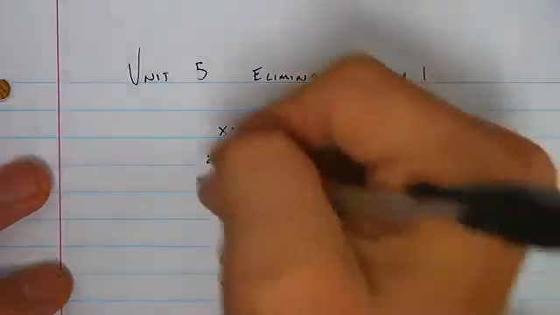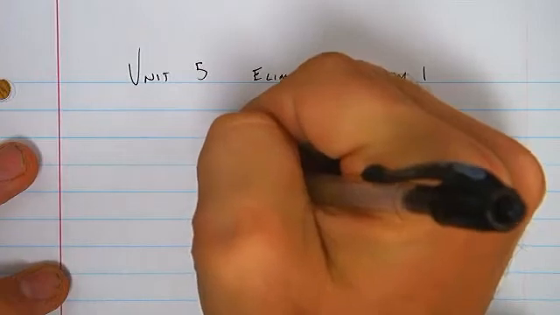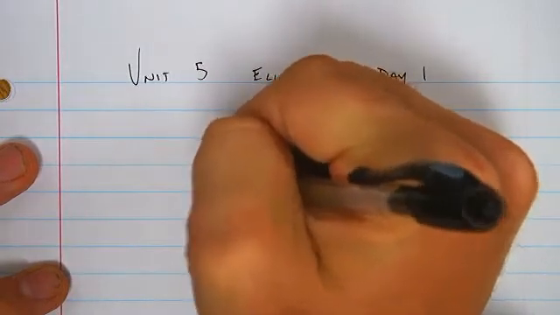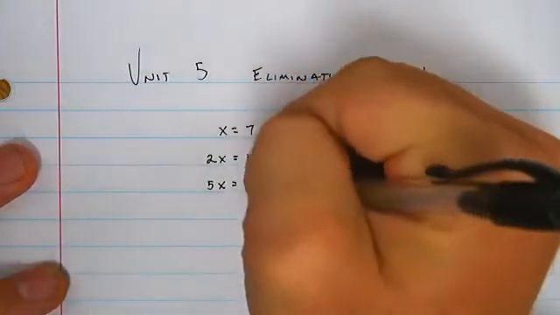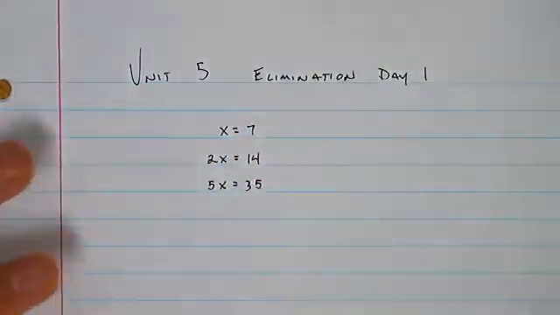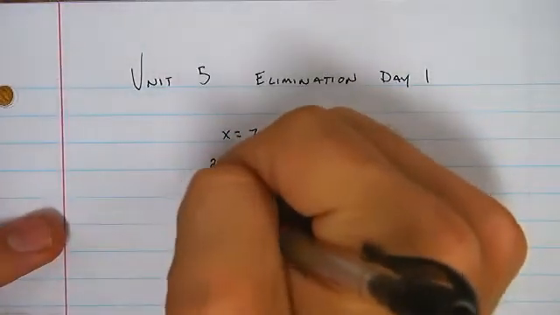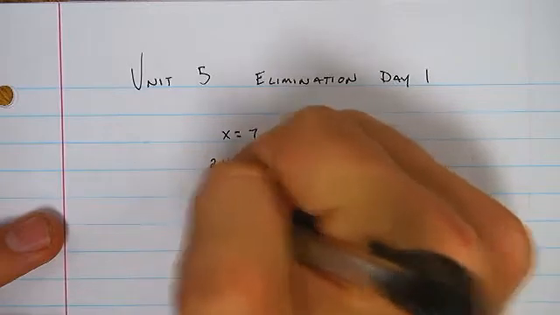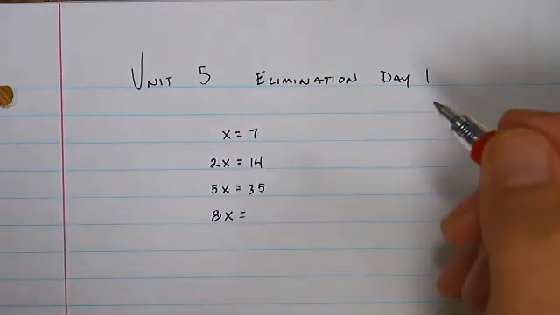And then I could say, well, what is 5x equal to? That would be 35. And then lastly, we could say, what is 8x equal to?